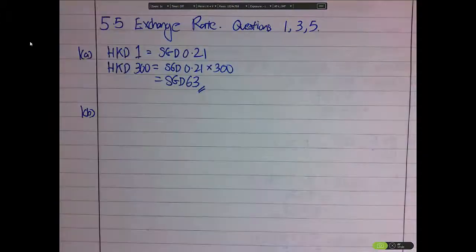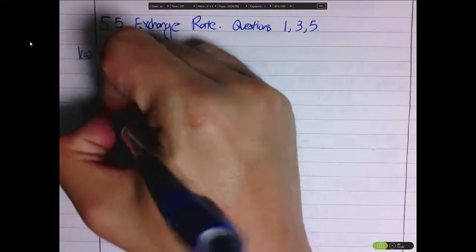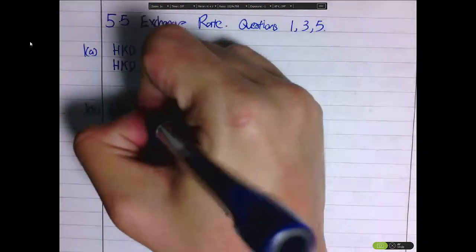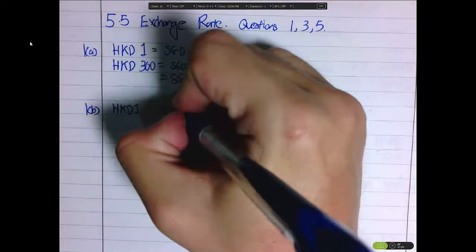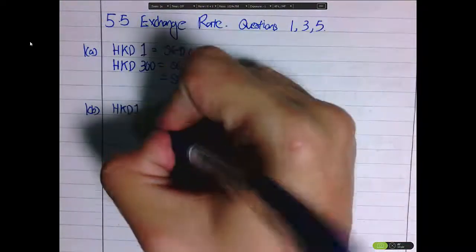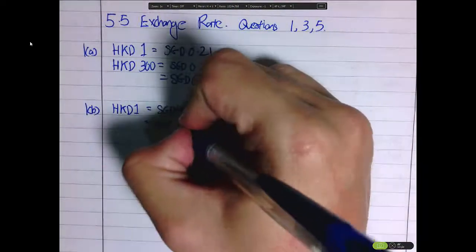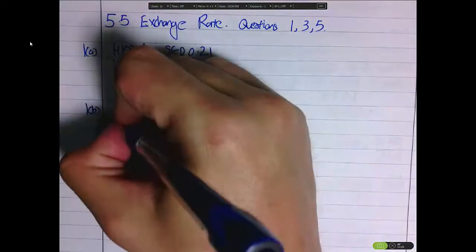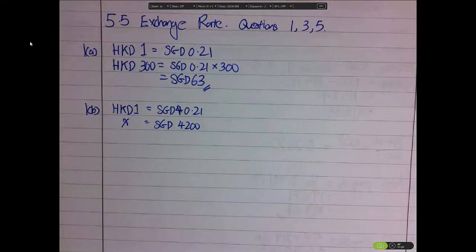Now 1B, simple enough so far. 1B, Hong Kong dollars in exchange for 4,200 Singapore dollars. Okay, so I start with the exchange rate of 21 cents. So I got 4,200. I want to find X Hong Kong dollars now. This is simple proportion again.